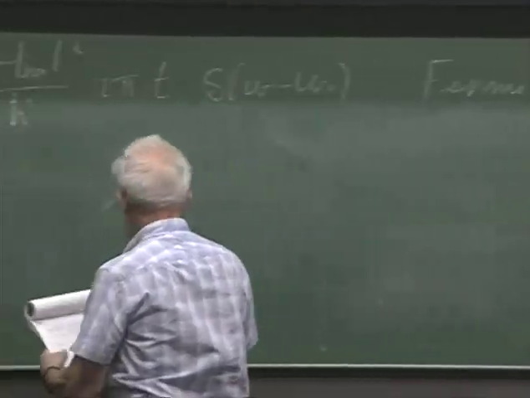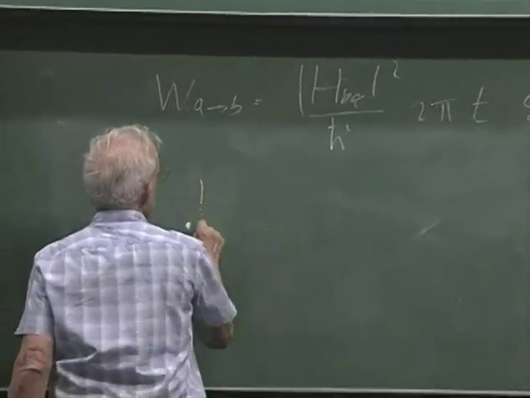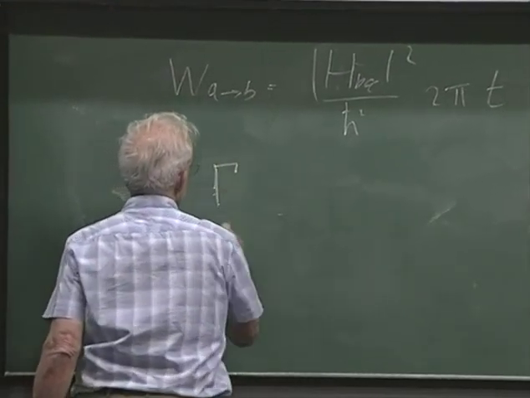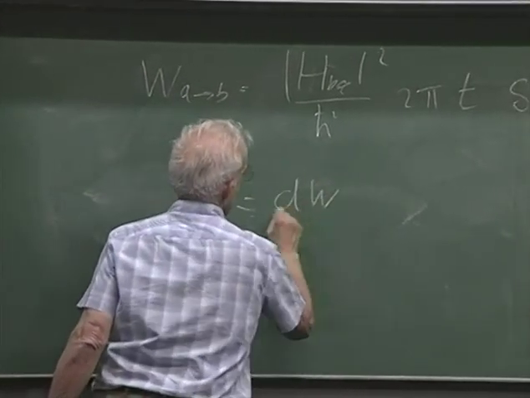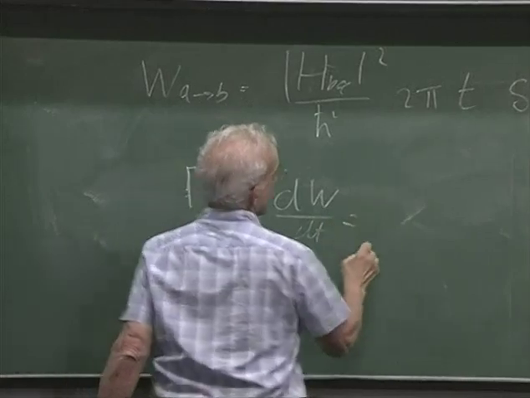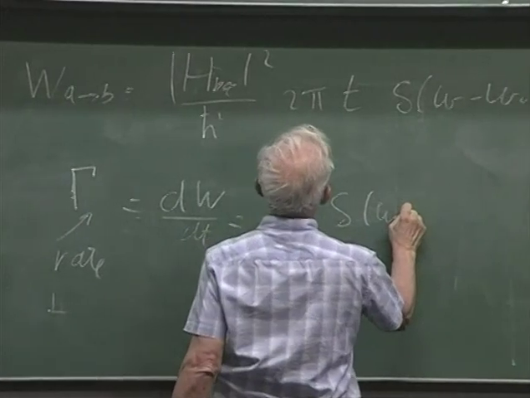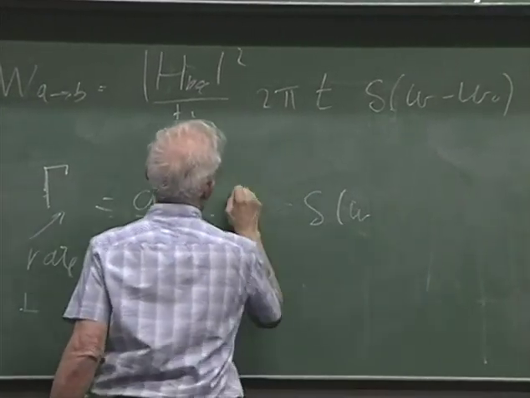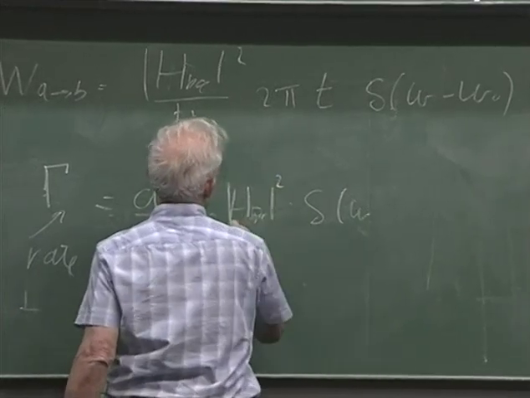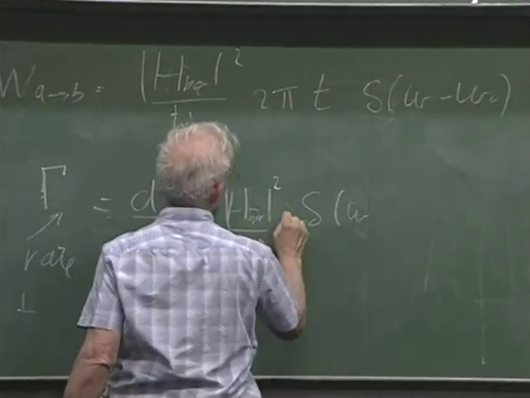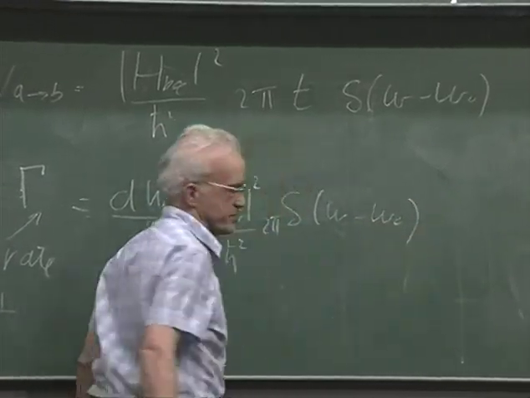In spite of the delta function, it's nicely behaved, because the transition rate, which is just dW/dt, is equal to |H_BA|² over ħ² times 2π delta of ω − ω₀.